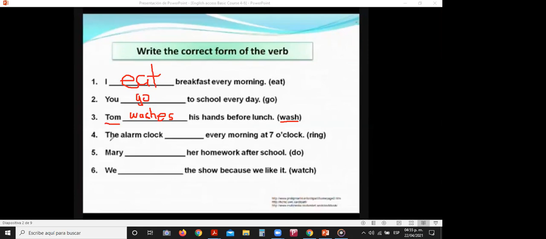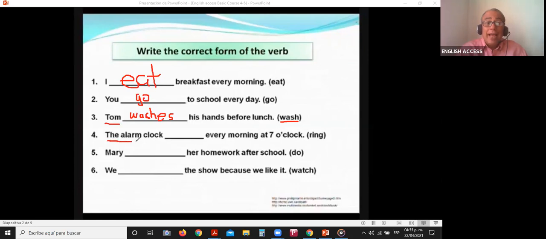Very good. Now we have an object, the alarm clock. The alarm clock is when you hear the ring and you wake up. So in this case, ring. Ring is the sound. What is the correct way to say here? Rings.